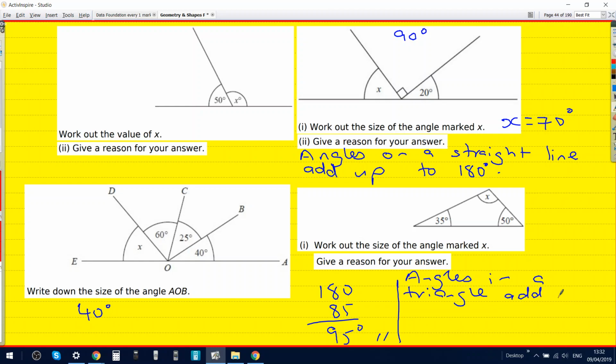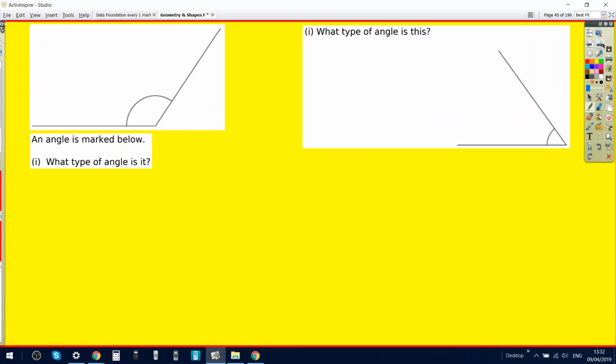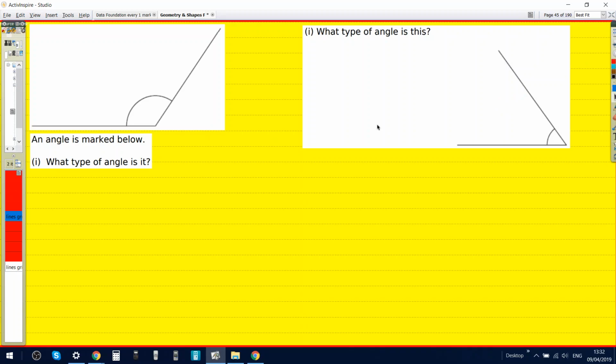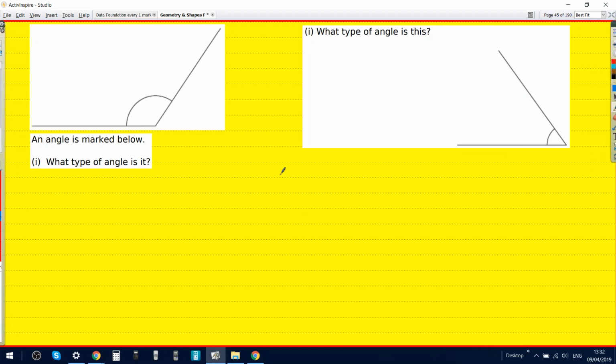No, it's just practicing and remembering, really. I understand it. But when it comes to the exam, I'll never know what it's going to be based on.